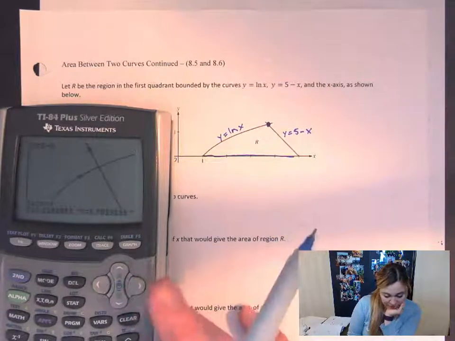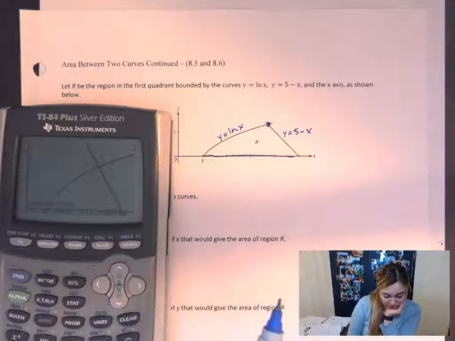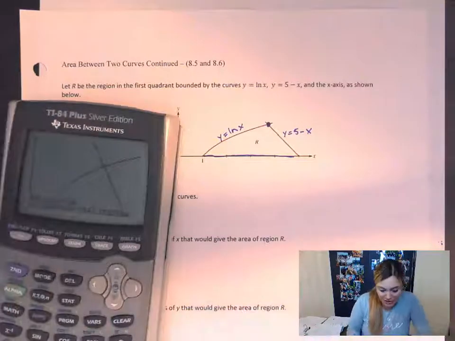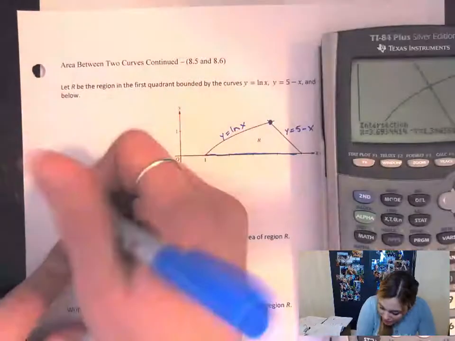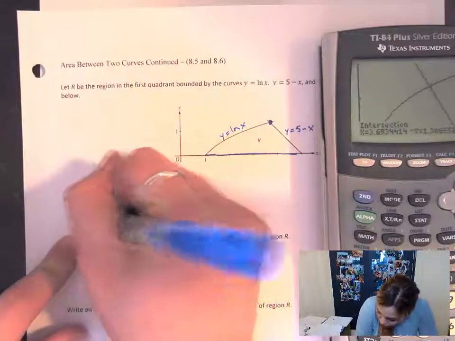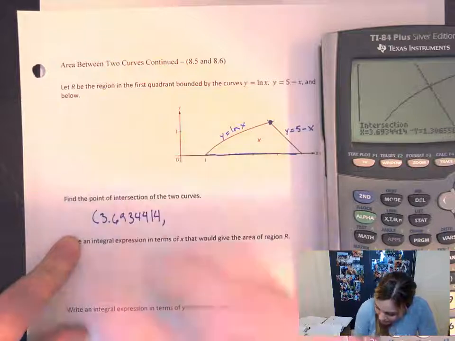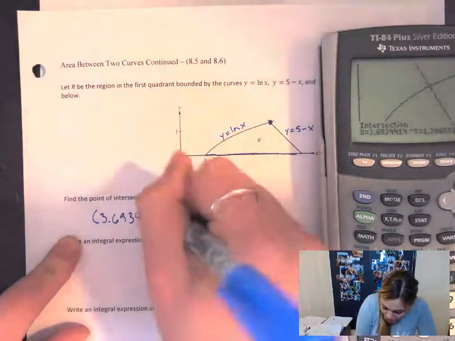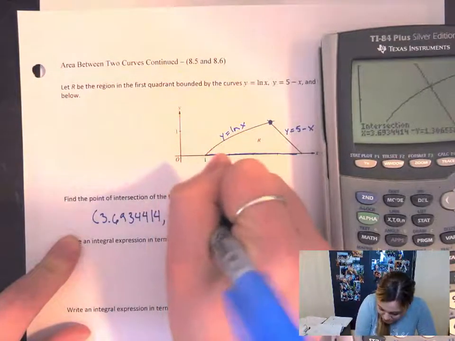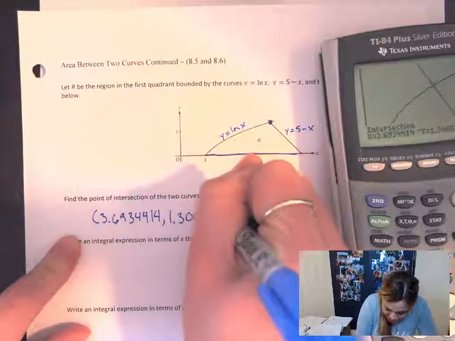There it is. Enter. So I find this intersection at 3.6934414, and this is 1.30655586.